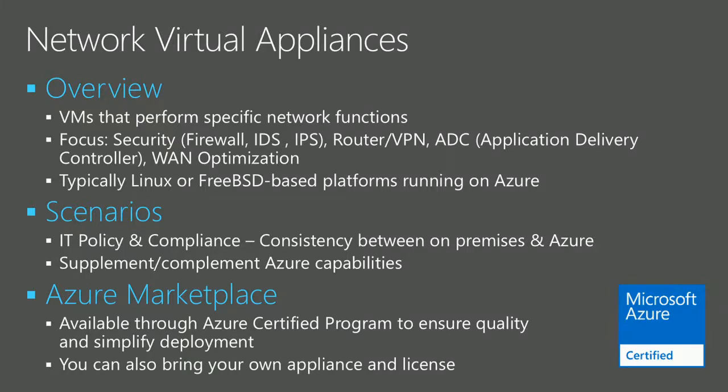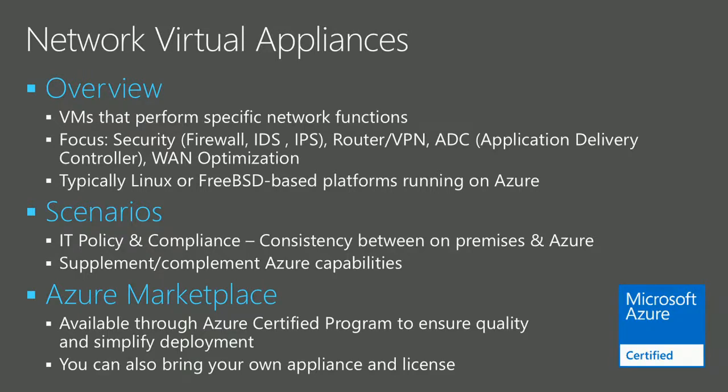Now, why do you want virtual appliances in Azure? We've been talking about bringing your own networks into Azure. And virtual appliances are part of your on-premises network. They run in physical form factor, and some may be in a virtual edition. Onto Azure, everything from the customer has to run as a virtual machine.